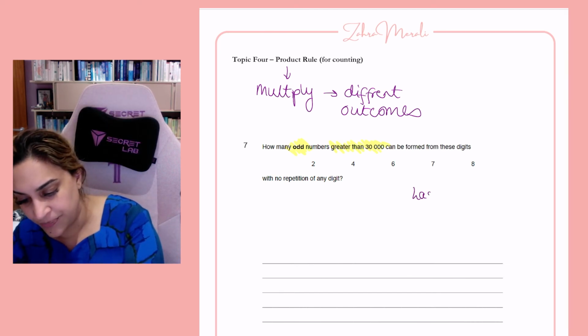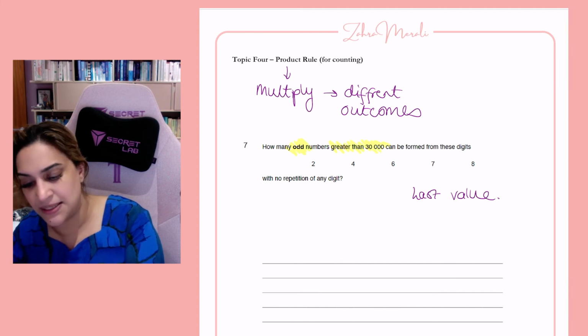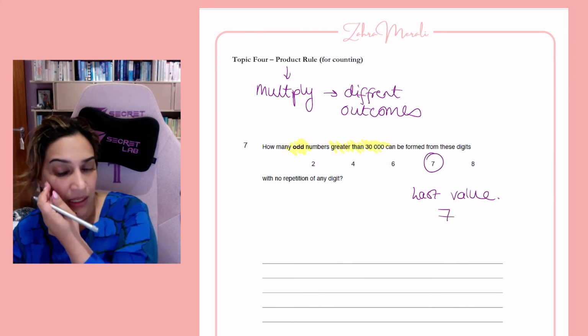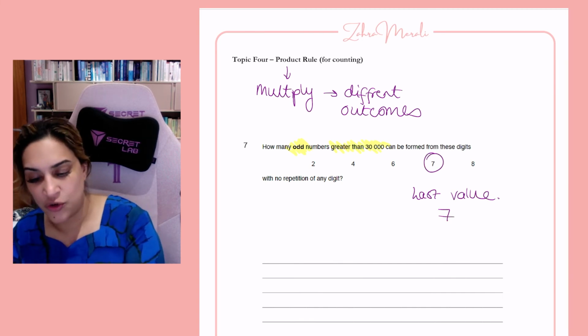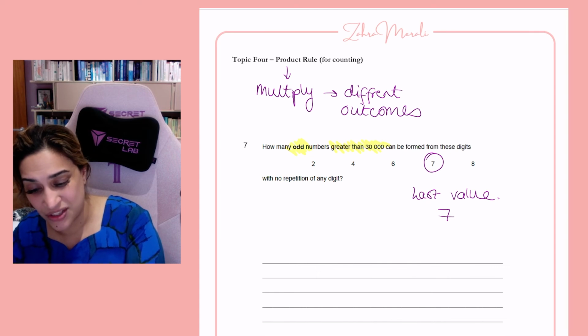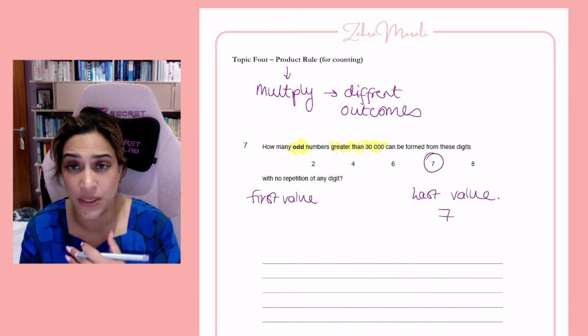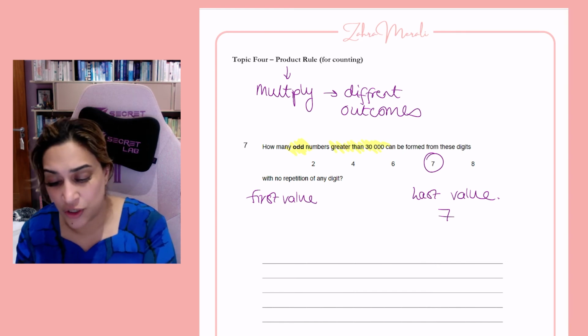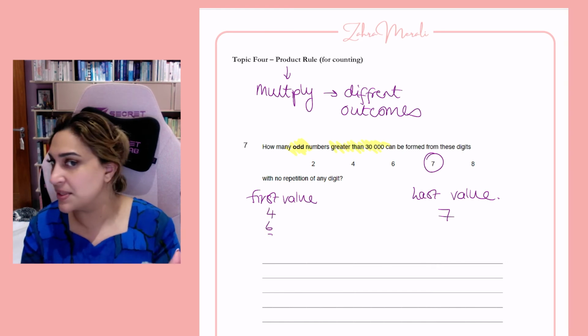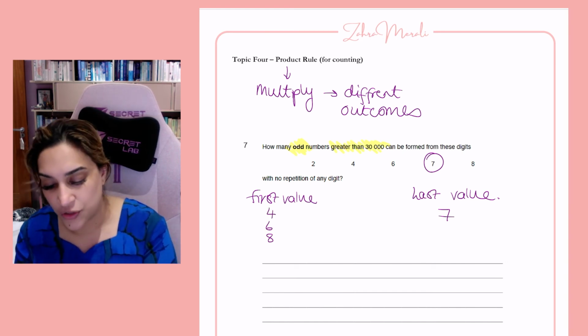So our last value, the only possibility is 7, okay? We want it to be greater than 30,000, so my first value can't be smaller than 3, so we can't use 2. So the only options are 4, 6, and 8, because remember 7's been used up.